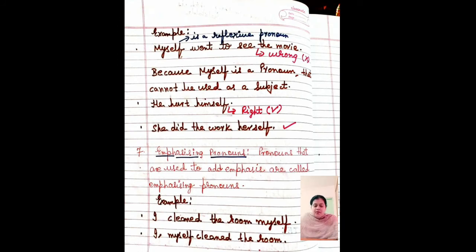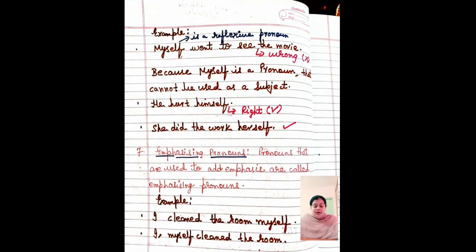It is wrong. Now suppose I say, he hurt himself. What is the subject here? He. And what is the pronoun here? Himself. Which kind of pronoun? Reflexive pronoun. Now this sentence is utterly correct, because I am using himself as the object, not as a subject.